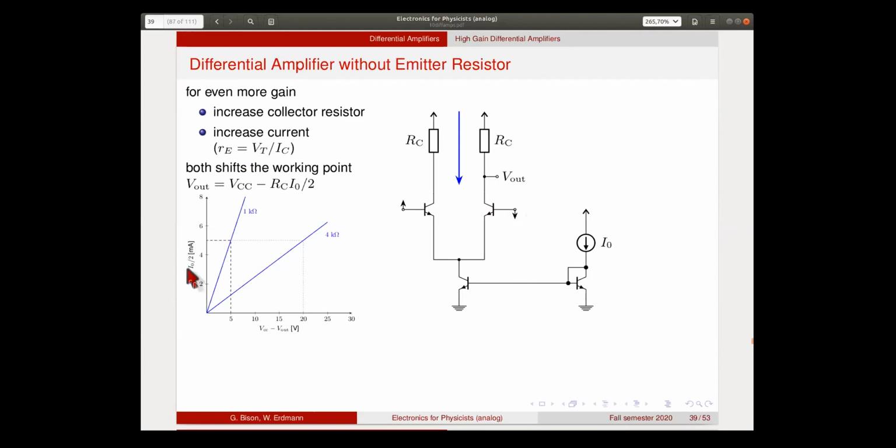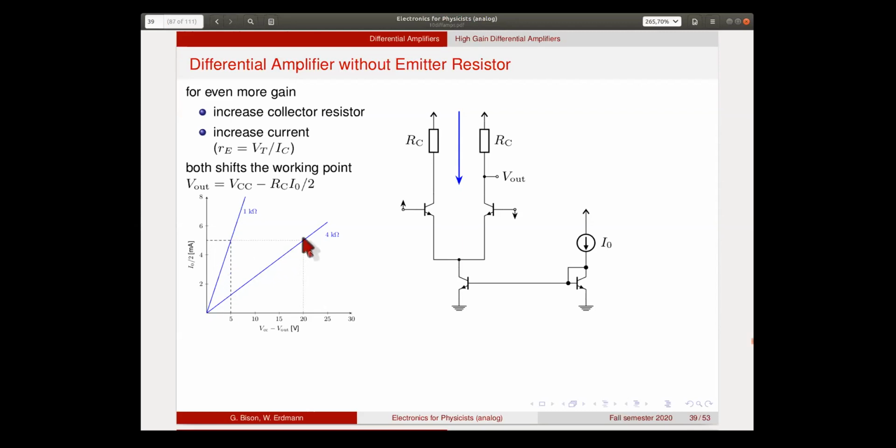This is shown here in these graphs. This is for a 1 kilo ohm resistor. If we have different currents here, then we get different values of the voltage drop across this resistor. For instance, if we have this 5 milliamps as we had before, then we get 5 volts voltage drop. This is the situation that we had.